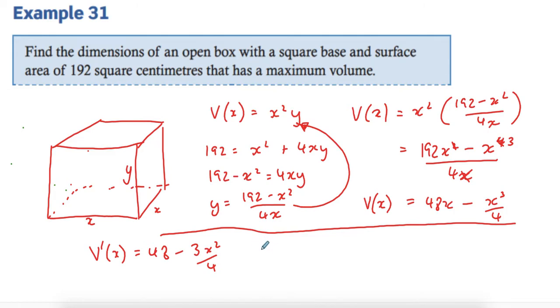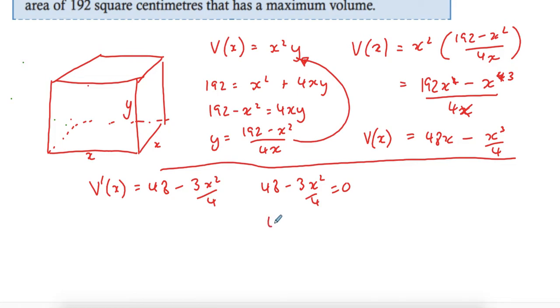When the gradient of the curve is equal to 0, so our local maximum or minimum point, we know that 48 minus 3x squared over 4 equals 0. So that tells us that 48 is equal to 3/4 x squared.